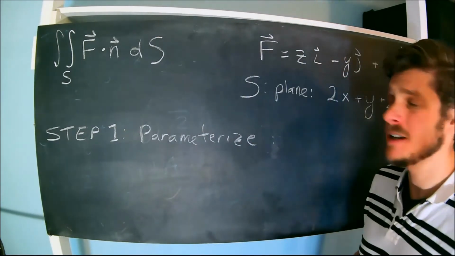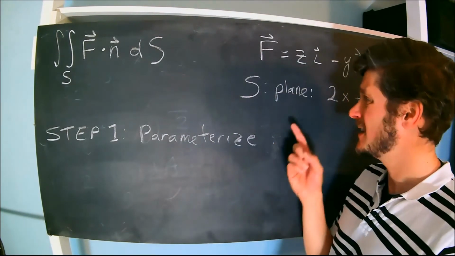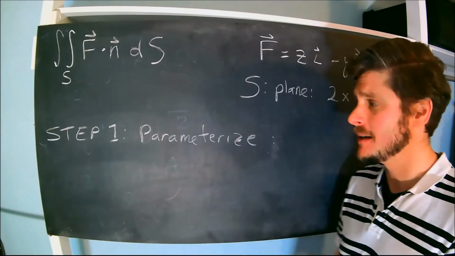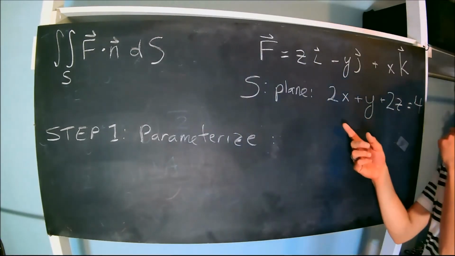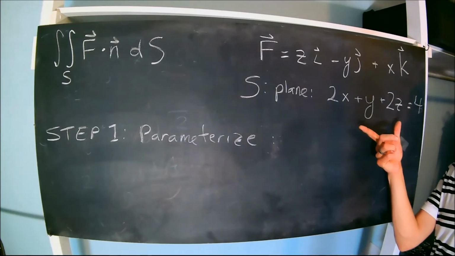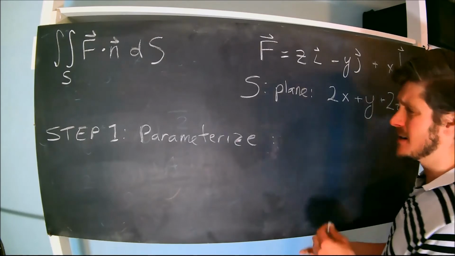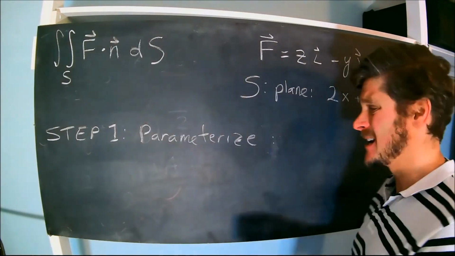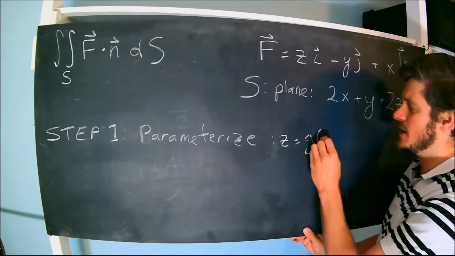So we do have F given, but my parameterization is always going to be based on my surface. And in this case, my surface S is this plane, and this is going to be one of those special cases where, even though it's not written like it to begin with, I can very easily take my plane and solve it for the variable z. So that I can parameterize in this case as z equals that function g of x,y.